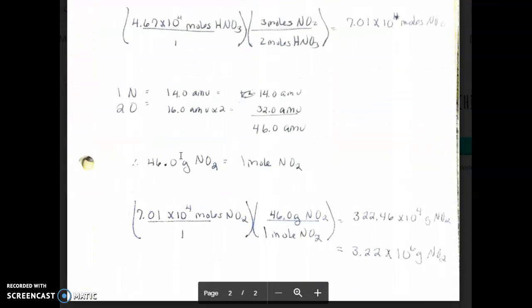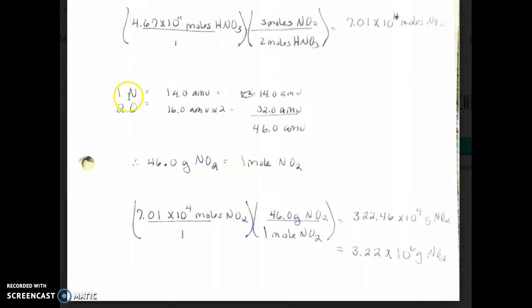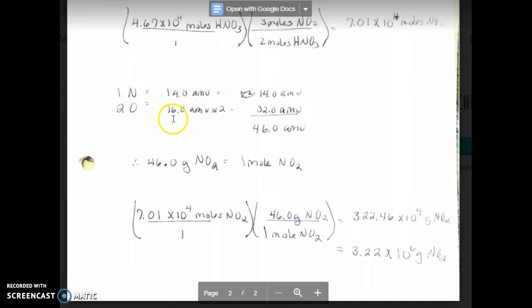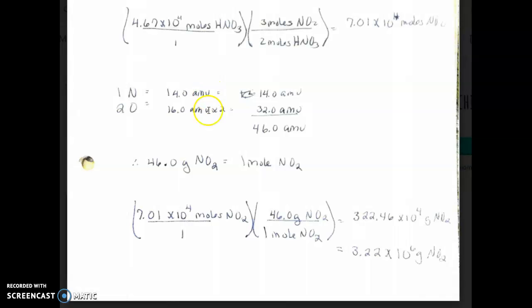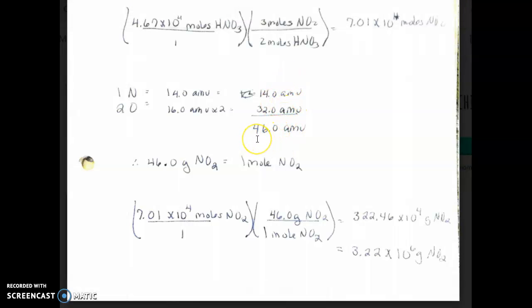In the molecule of NO2, we have 1 atom of nitrogen and 2 atoms of oxygen. Nitrogen is 14.0 AMU and 1 oxygen atom is 16.0 AMU, so we multiply the oxygen 16.0 times 2, add those numbers together, and find that 1 molecule of NO2 has a mass of 46.0 AMU.